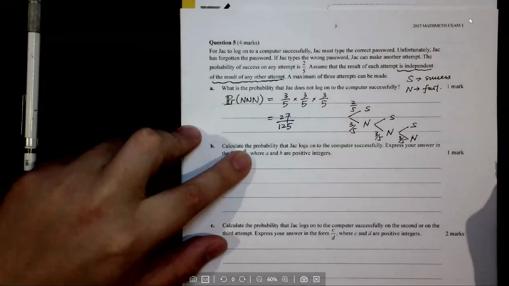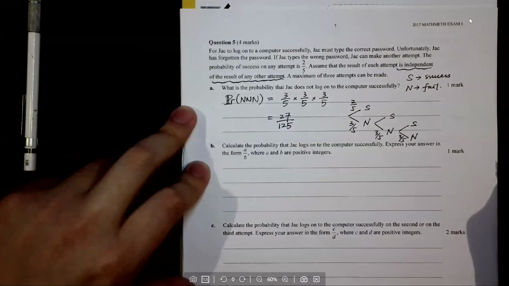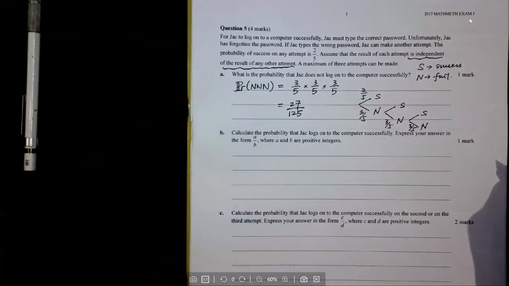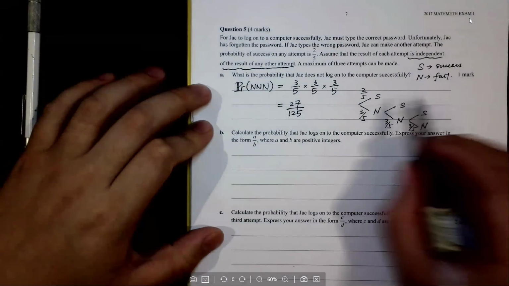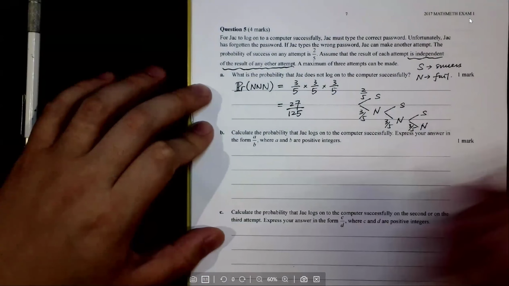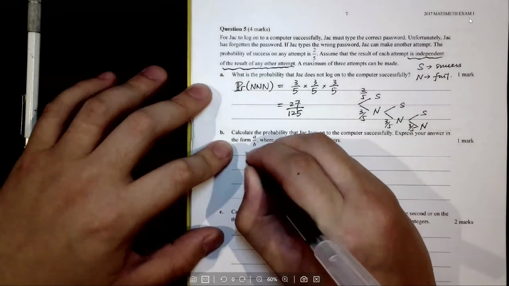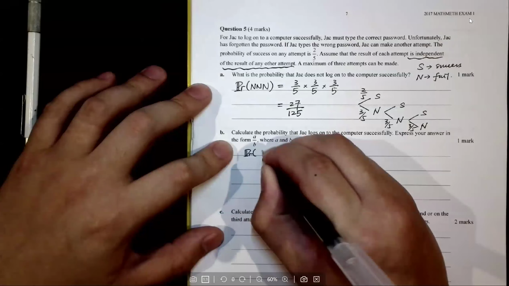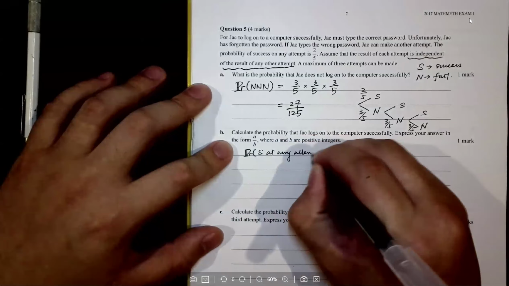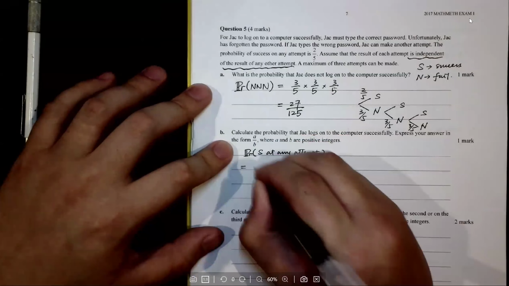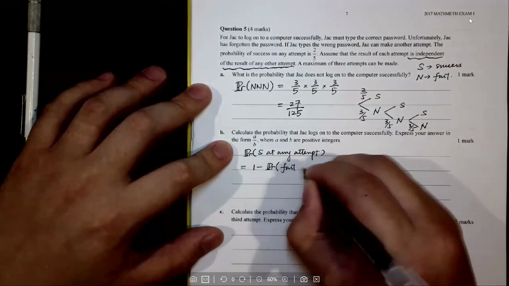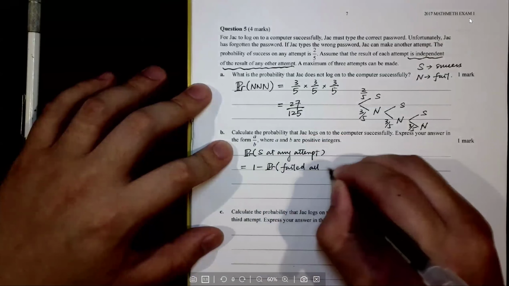Calculate the probability that Jack logs onto the computer successfully. Express your answer in the form A over B, where A and B are positive integers. So basically, it could be the first time, second time, or the third time. Or, let's say, probability of success at any attempt equals 1 take away the probability of failing all attempts.